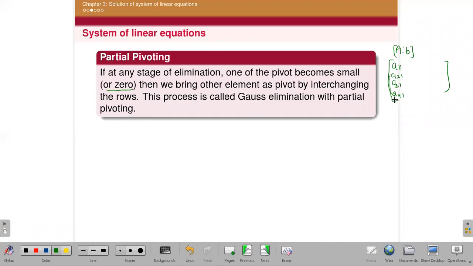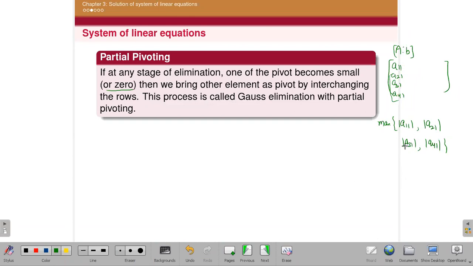But again, suppose I am taking the maximum of mod of A11, mod of A21, mod of A31, and mod of A41.